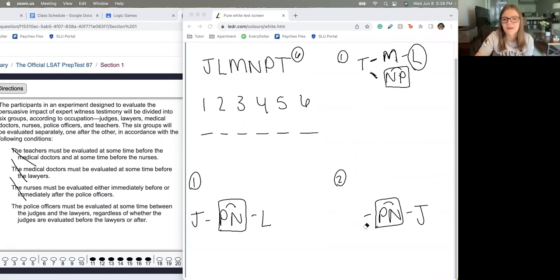I'm going to make this a little bit smaller so I have some room. Okay. So we're going to attach T and M onto here.